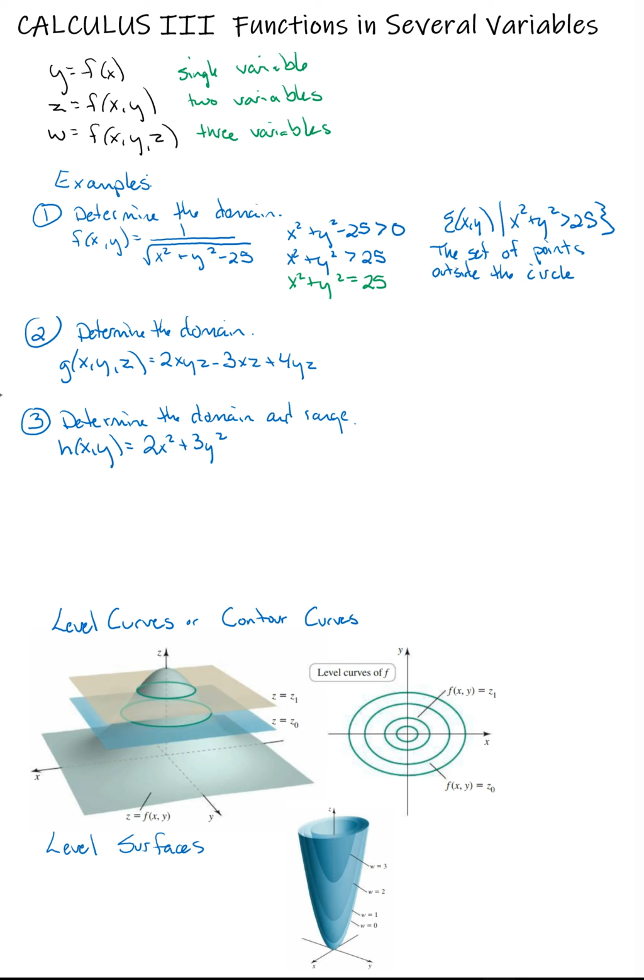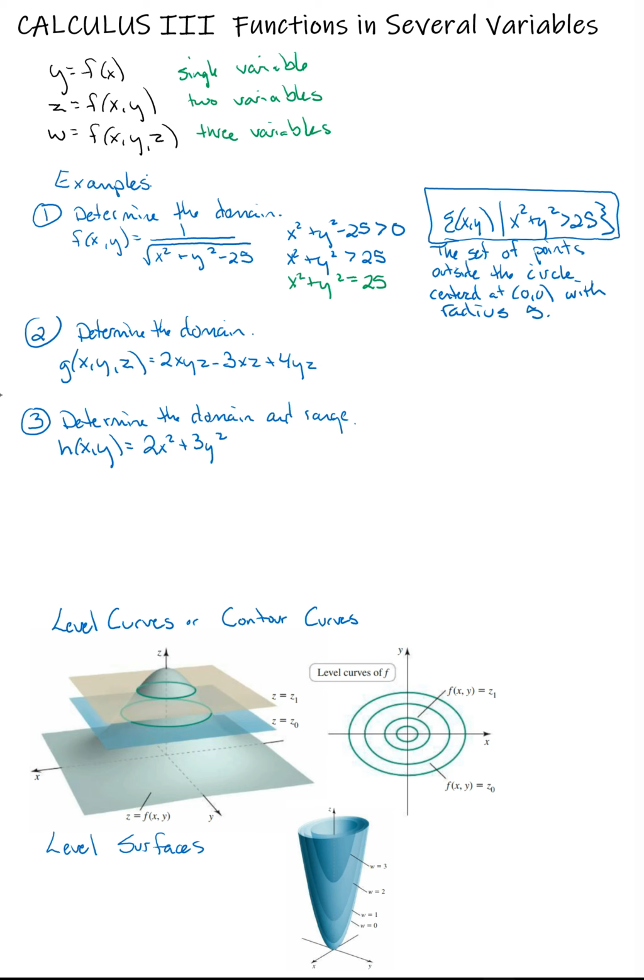And from that equation, you should be able to pick up that it has a center at the origin with a radius of 5. And there you go. That is our domain. Again, set builder notation might be something you're familiar with.